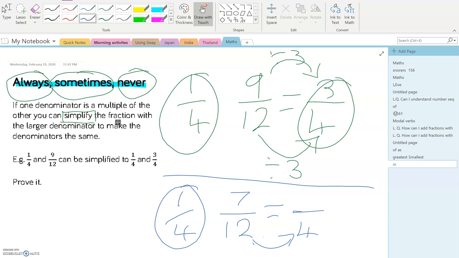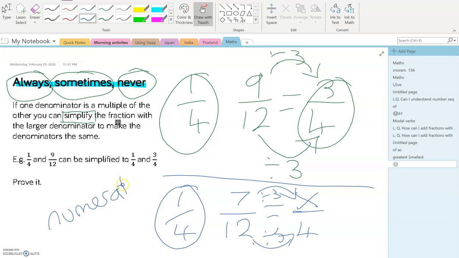So divide by 3, yep, and then divide by 3 for the numerator. Oh, 7 is a prime number, only be divided by 7 or 1, and I'm dividing by 3 here, so this would not work. So there may be times actually where it depends on the numerator, that's the top number.